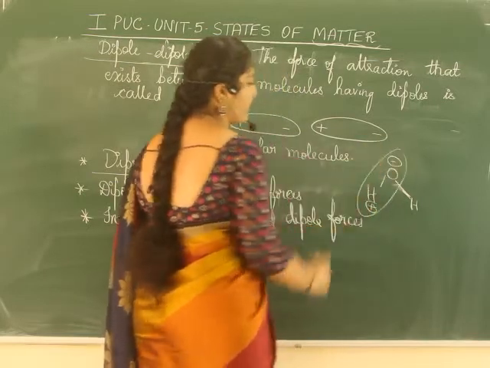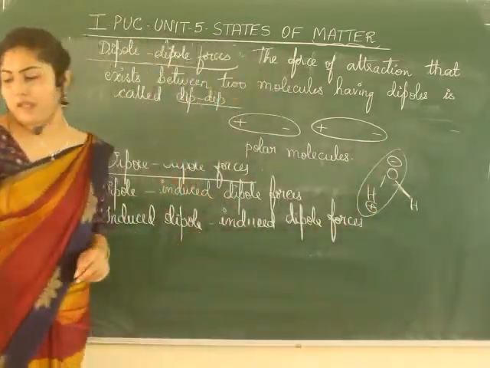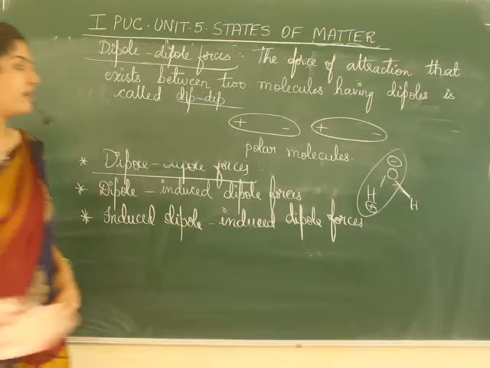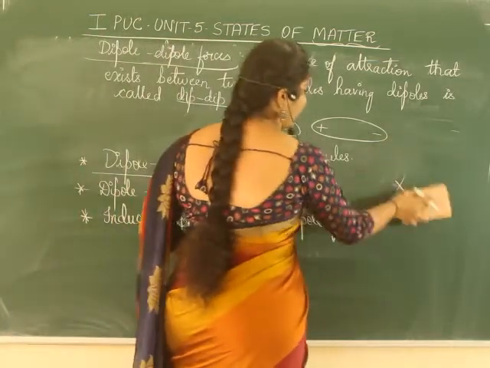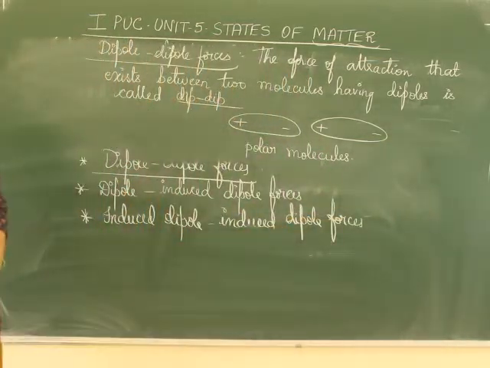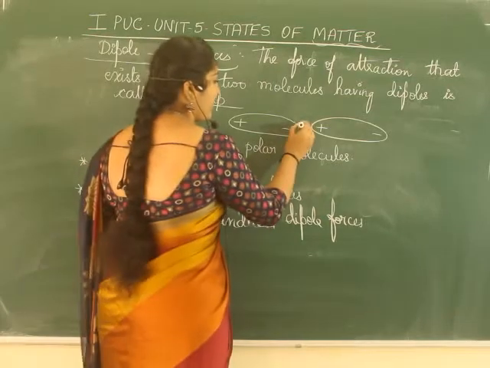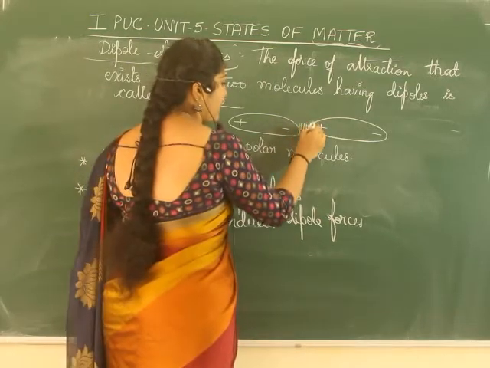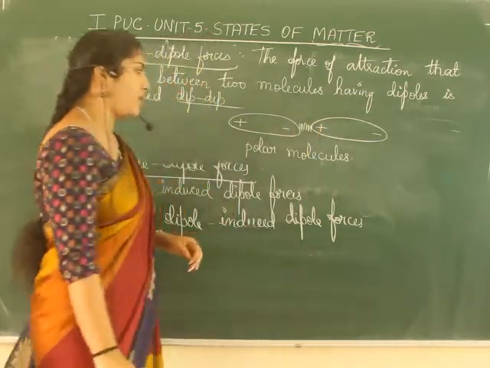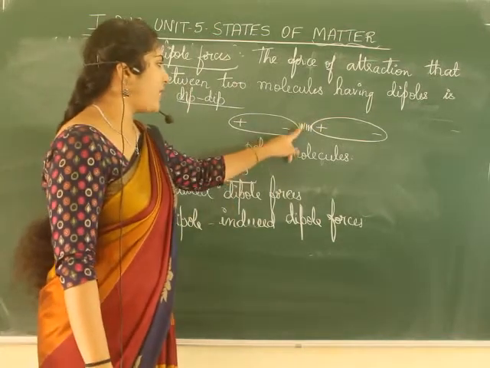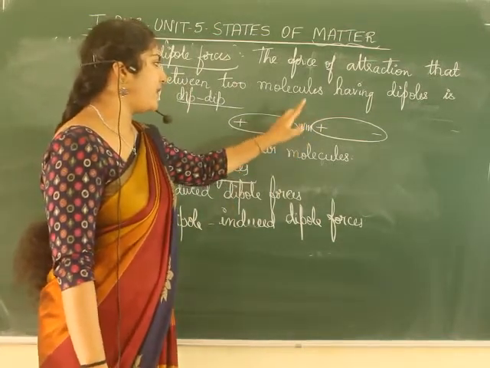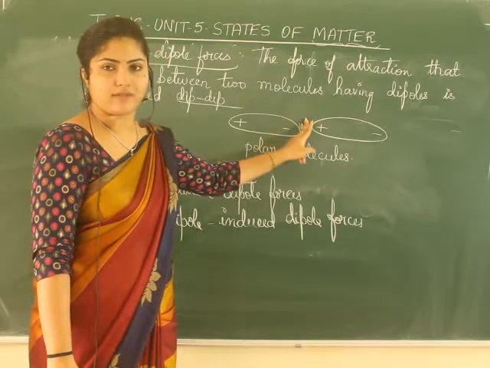See, a dipole you can see. That is why we say that it is a polar molecule. Now the force of attraction is denoted this way. This indicates force of attraction between them, and here you can indicate with an arrow mark that this is dipole forces.